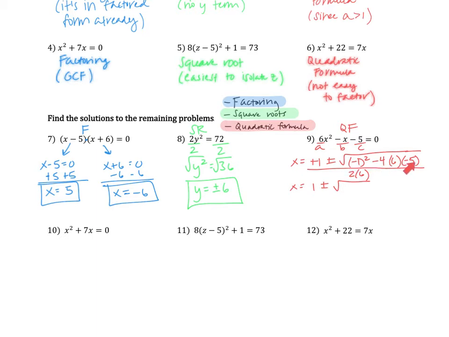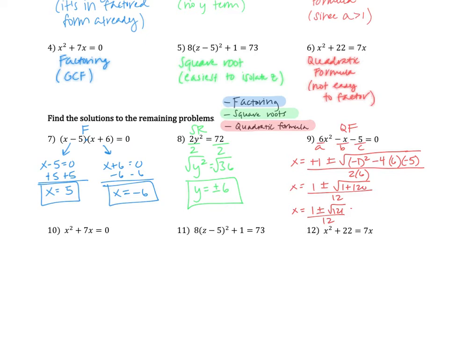When we multiply all these together, what do we get? I think we get a positive 120. So we really have 1 plus 120 over 12. If we keep working downward, we have 1 plus or minus the square root of 121 over 12. And we actually are able to take the square root of 121.